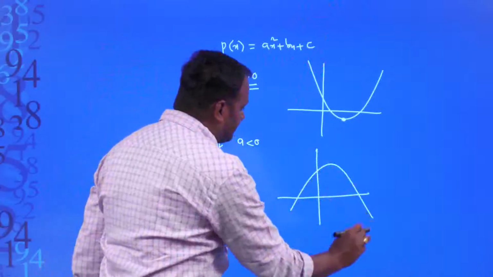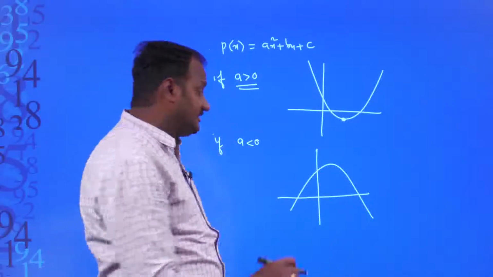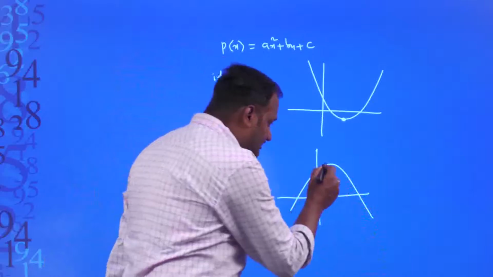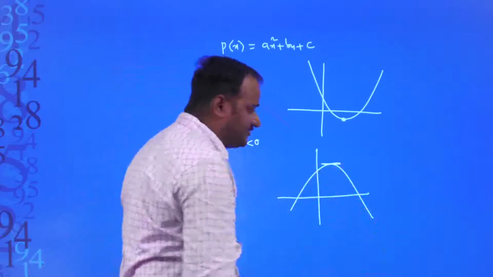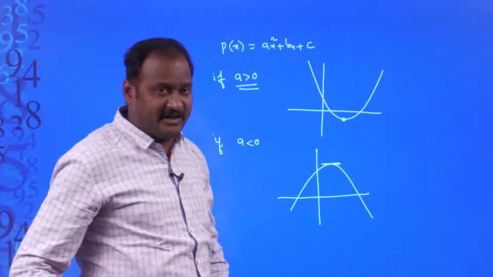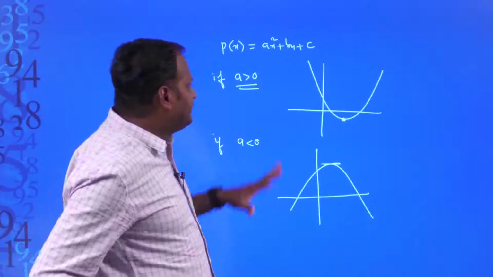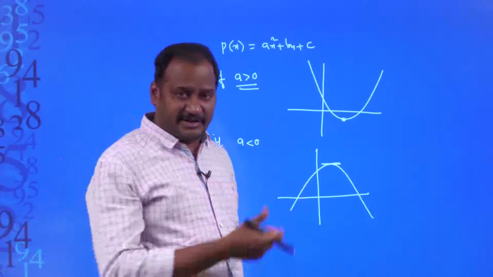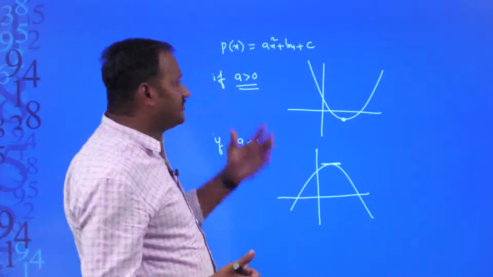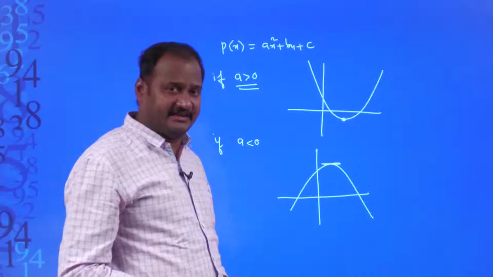It opens downwards, and there is only a maximum value, but we cannot say what the minimum value is. You will understand everything in detail in plus one and plus two, about maximum values, minimum values, and more about second degree polynomials and their curves.